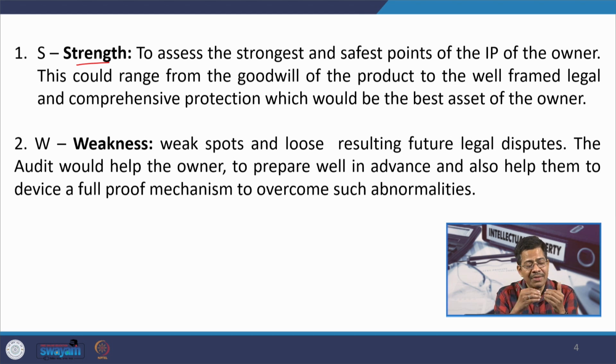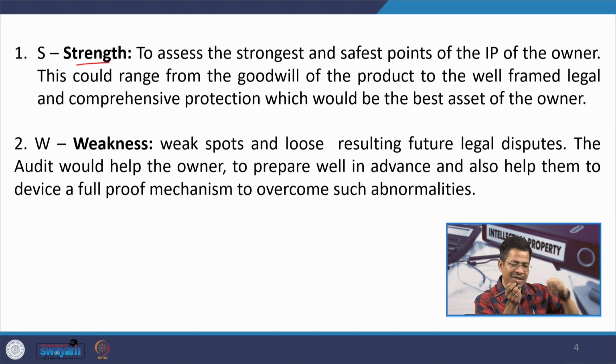So, regular monitoring of SWOT is also very important. Sometimes we are carried away with our strength, but there may come a competitor, and if we do not identify his strengths also, we may be in trouble.